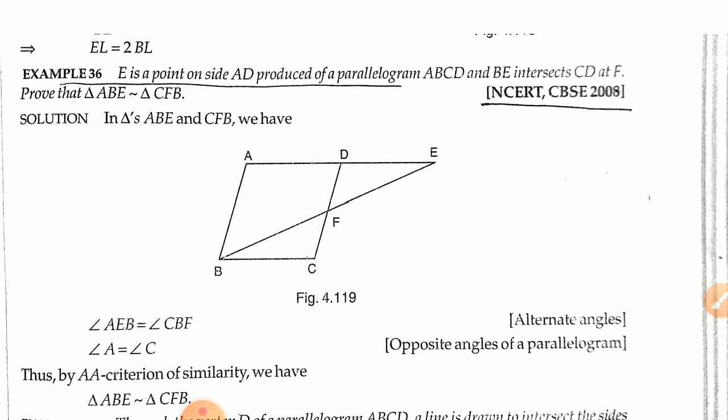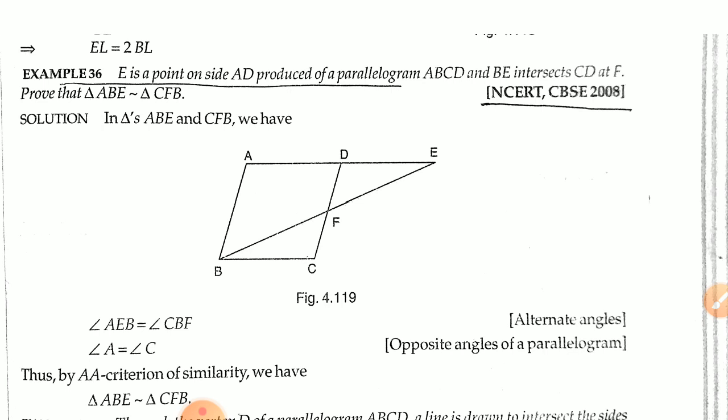Because the quadrilateral ABCD is a parallelogram, means the opposite sides of the parallelogram are parallel to each other, and therefore AD parallel BC means AE parallel BC, and here BE is a transversal, and therefore we get angle AEB and angle CBE.